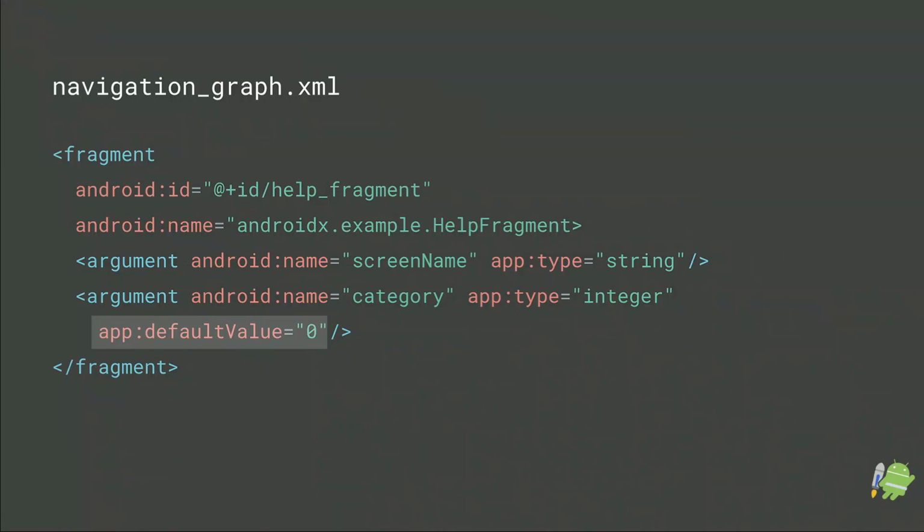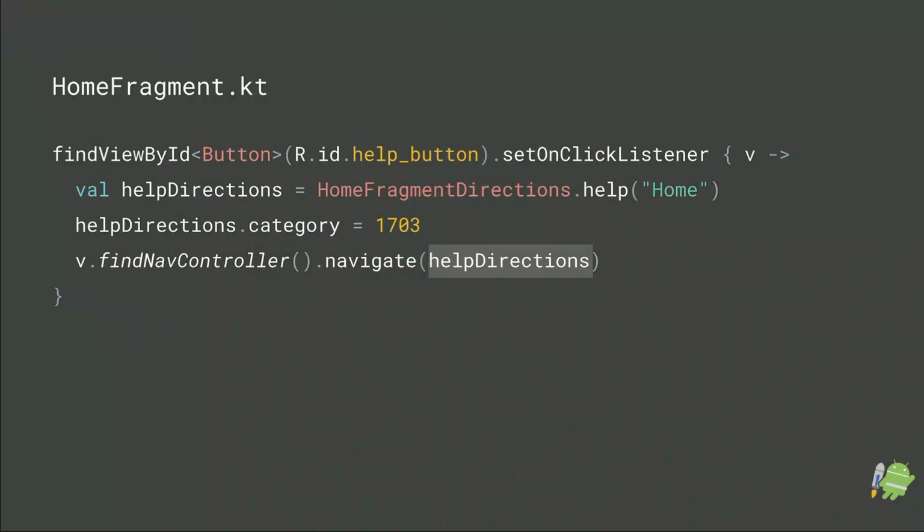So let's take a look at how it looks with our Gradle plugin. Now, to navigate, we use this special object, which instead of passing an ID and a bundle, of course, internally incorporates the same ID and same arguments. But to get that object, we use the HomeFragmentDirections class. It's generated for you.